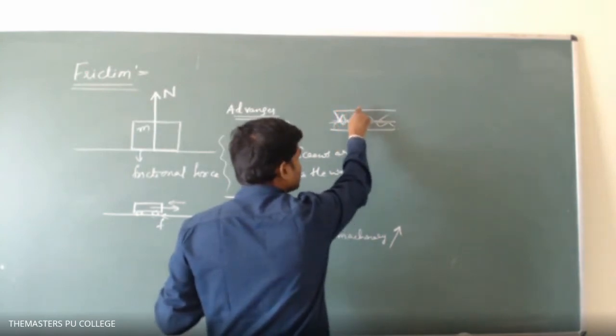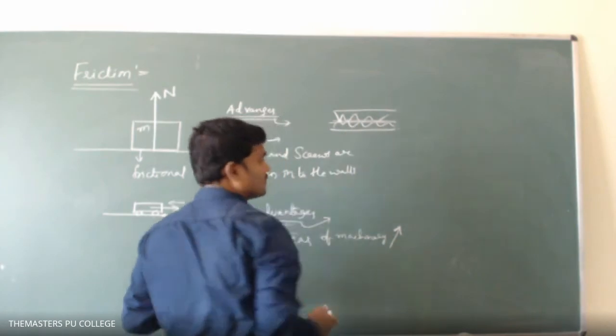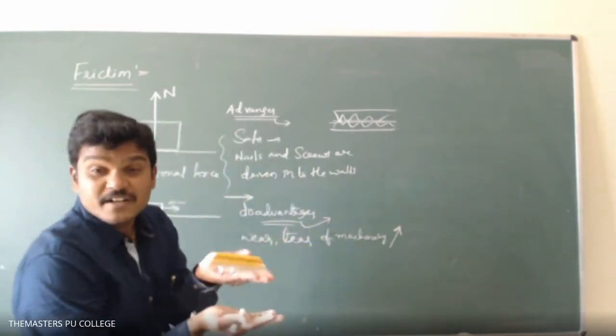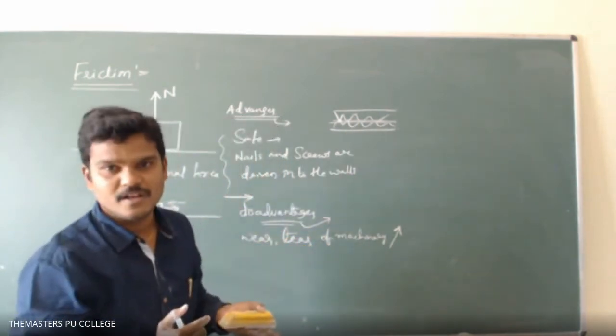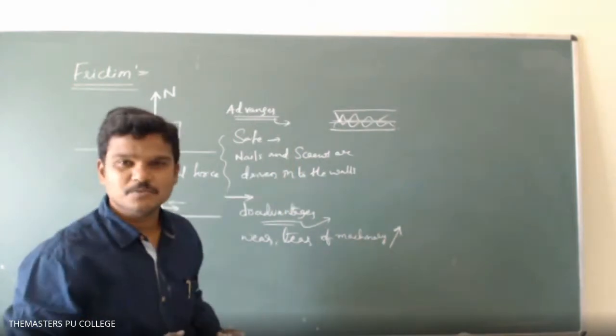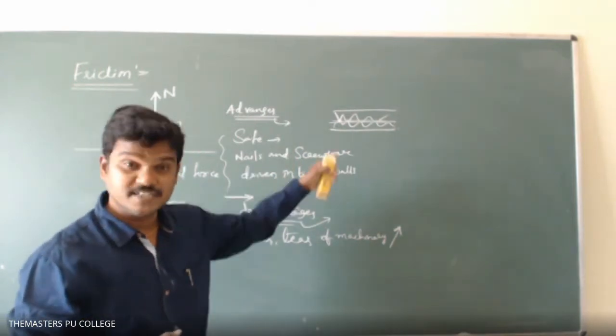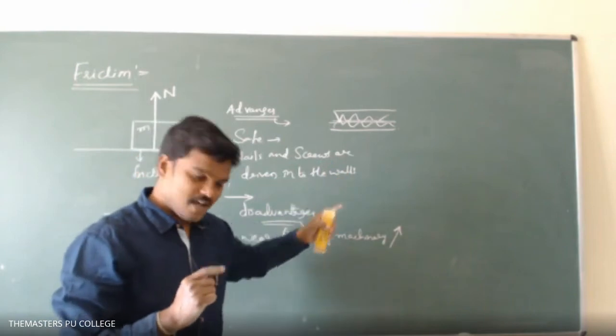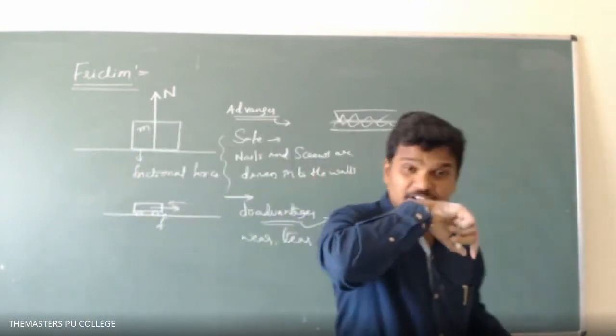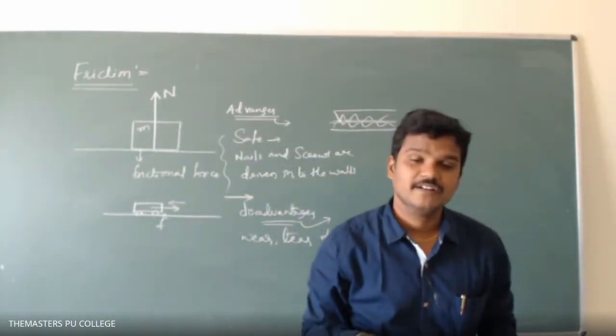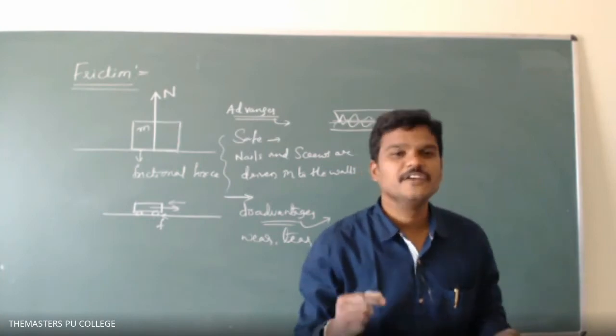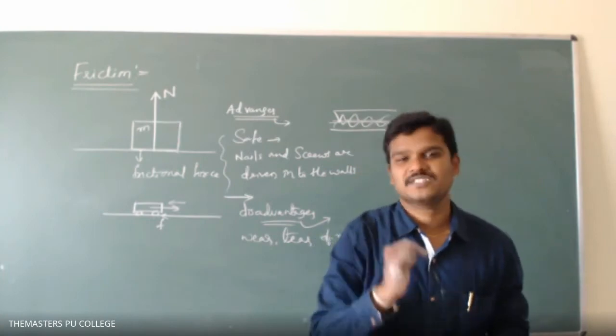One layer of the first body is interlocking with a layer of the other, so that there will be friction between them. That is a rough surface. And we cannot eliminate friction permanently, but we can reduce the friction to some extent.